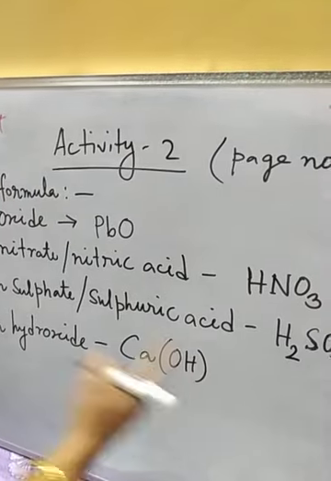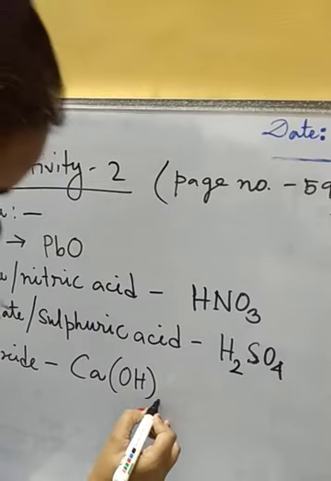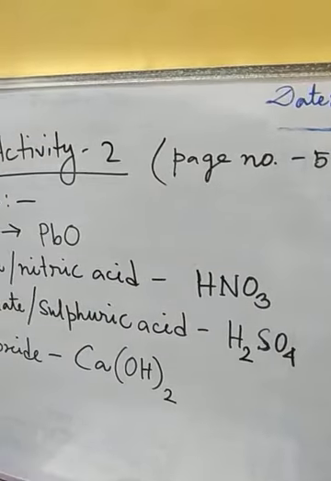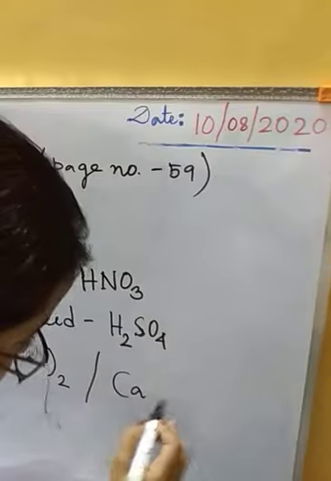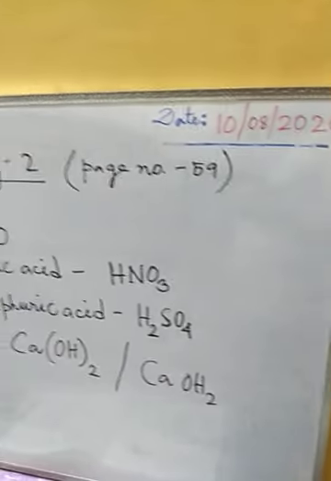So hydroxide's 1 will go to calcium and calcium's 2 will go to hydroxide. That means with this whole OH. Okay, so calcium hydroxide. Again I am telling a common mistake which you all make, that is you write it in this manner, CaOH whole 2, CaOH 2 in this manner.